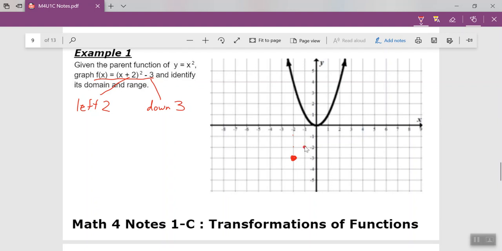Now, this is where we can play that same game. Over 1, up 1. Over 2, up 1, 2, 3, 4. Over 3, 1, 2, 3, up 9, 1, 2, 3, 4, 5, 6, 7, 8, 9 is one more. And likewise, we're going to have mirrors on the other side, mirror images of these same guys.